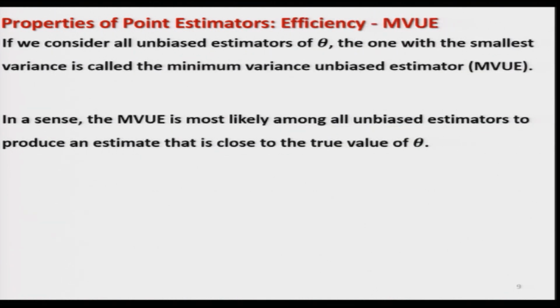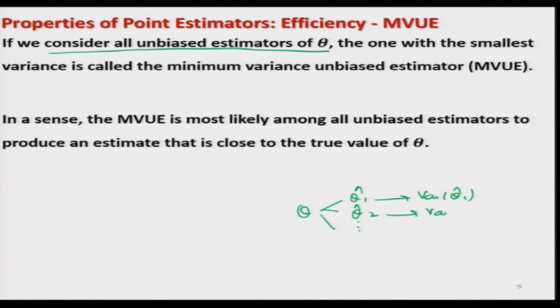And in case we are considering only unbiased estimators of theta, suppose there is a parameter theta, and there are more than one estimators which can estimate it. Then we will try to find the variance of each of these estimators, variance of theta 1 hat, variance of theta 2 hat, and so on, and see which of these variance values is the minimum.